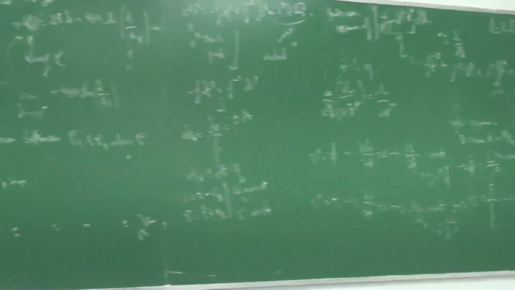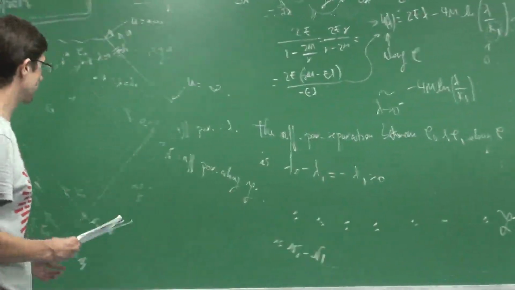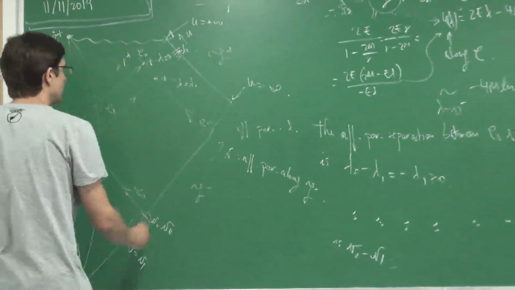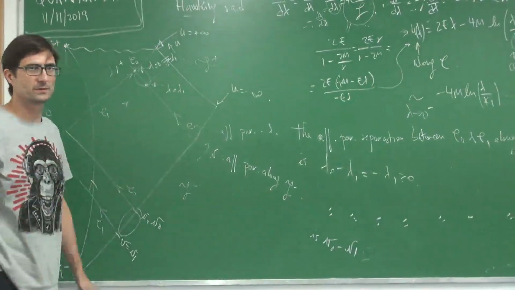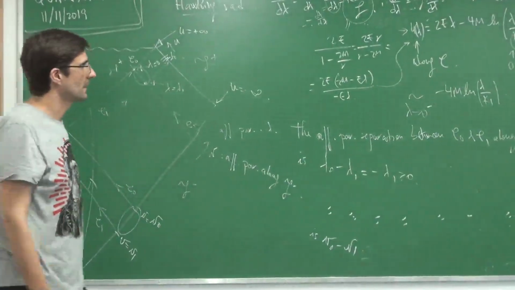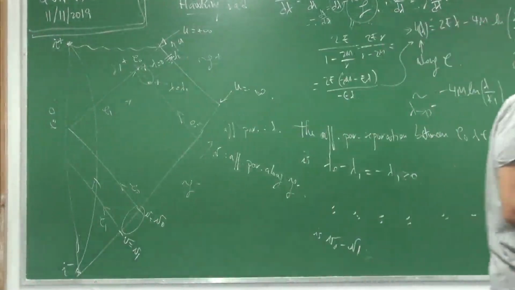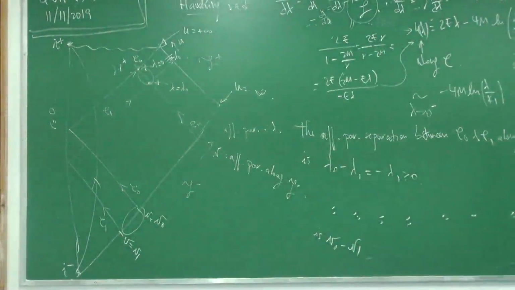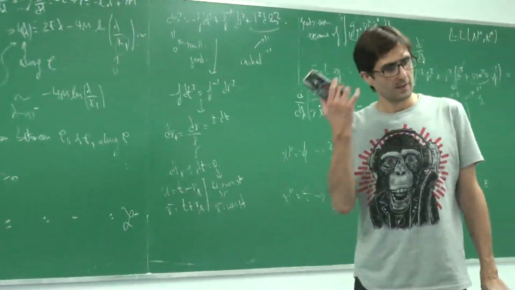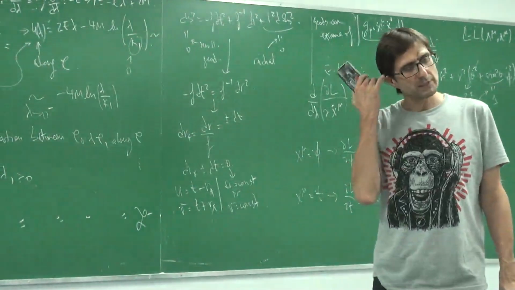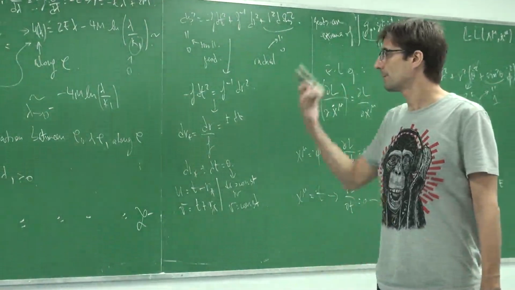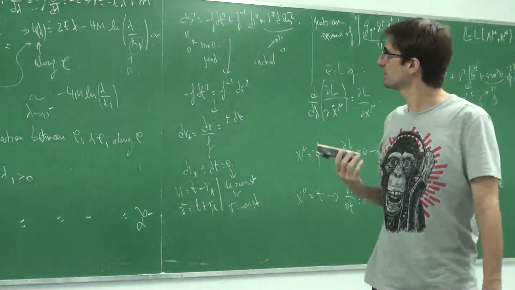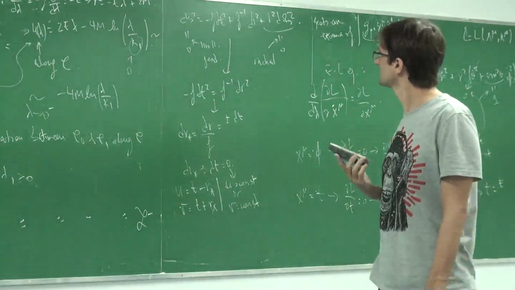Now, we want to relate, so we have the affine parameter here, we have the affine parameter along here, and we want to relate these two. Now, you can show, this is mentioned in Wald's book and in many books, although I haven't seen a clear derivation of the following, I have to say.